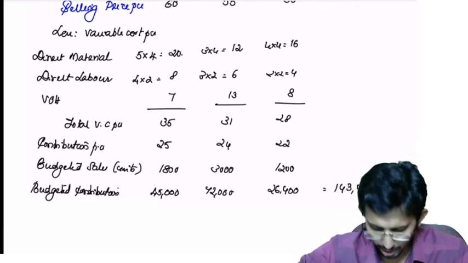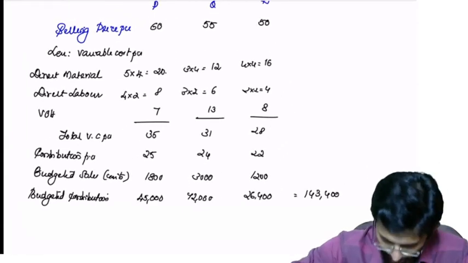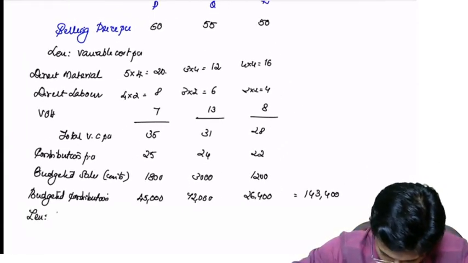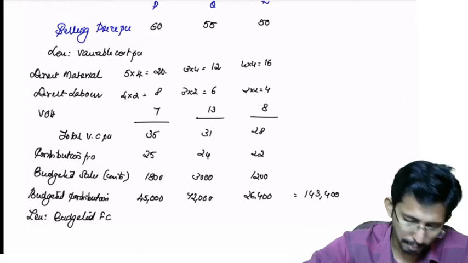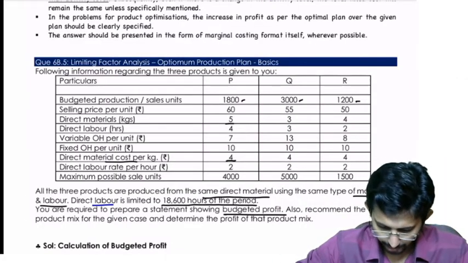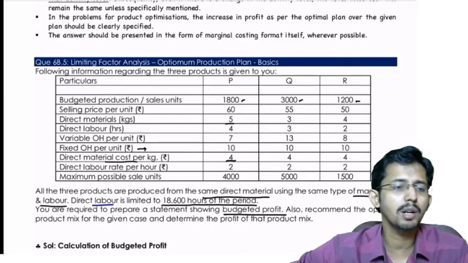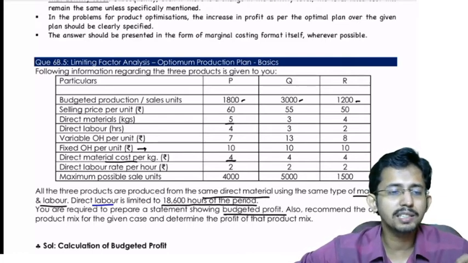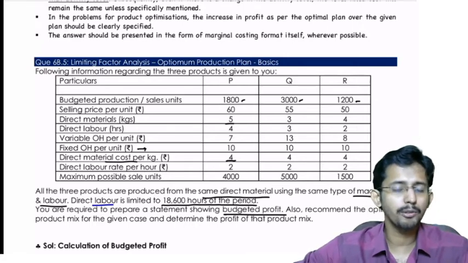Now what do you have to do? From the budgeted contribution, you will have to reduce the fixed cost, budgeted fixed cost. Do you have the budgeted fixed cost amount here? Is it available? What is available here is fixed overhead per unit. Per unit is available. Now from this fixed overhead per unit, you will have to work out the total fixed cost.